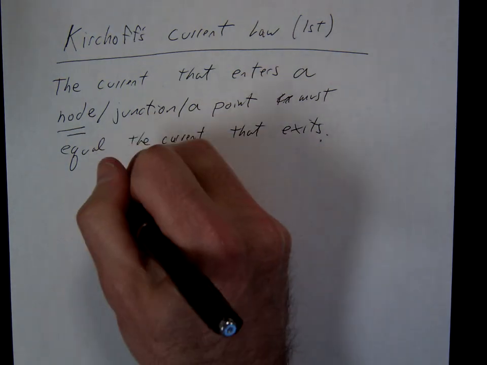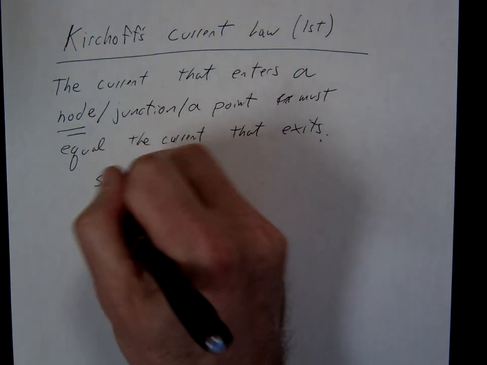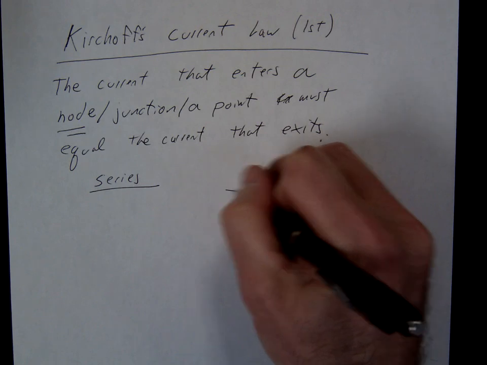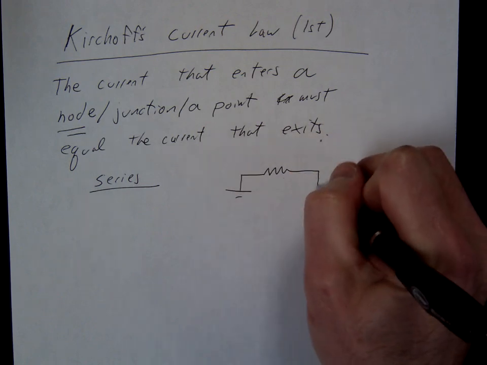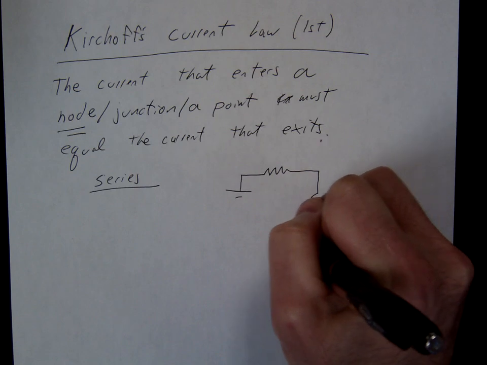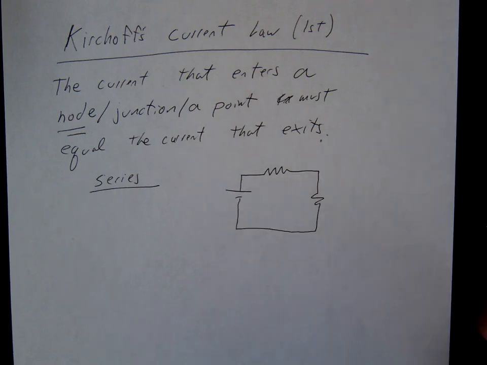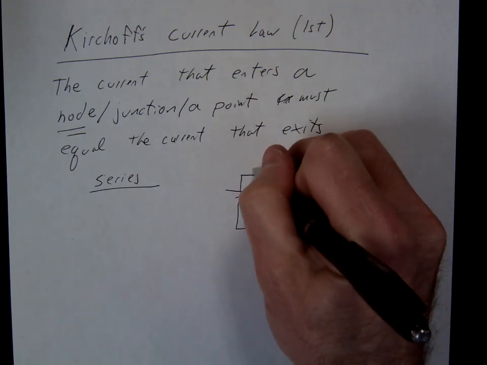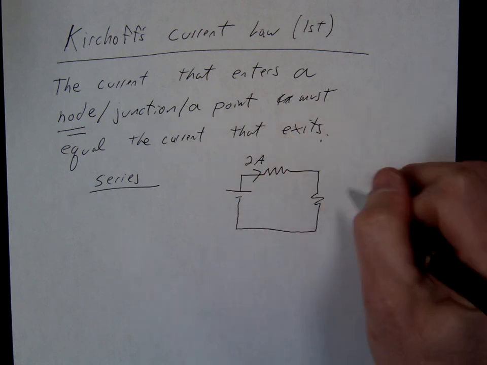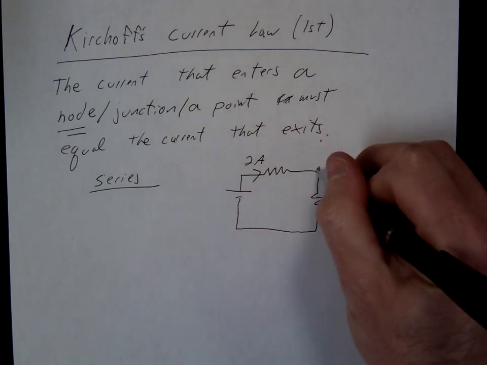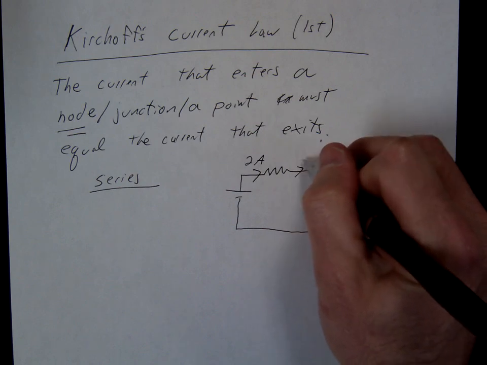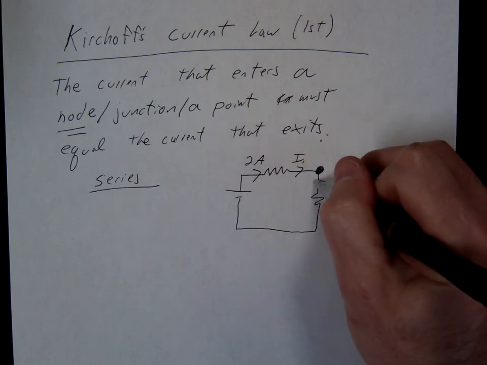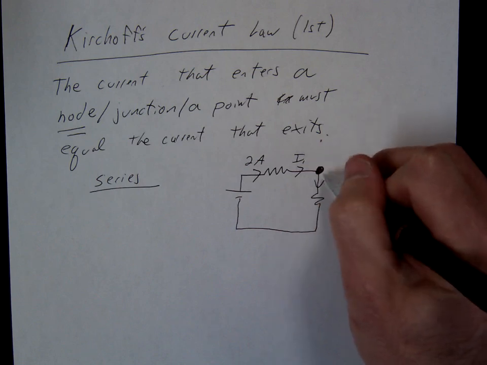So, for example, in a series circuit, this is almost too obvious, but if you have a point in your circuit, so let's say you have 2 amps moving this way, and let's say here's a point right here. The 2 amps coming in, let's call this I1, how should this relate to the current leaving?